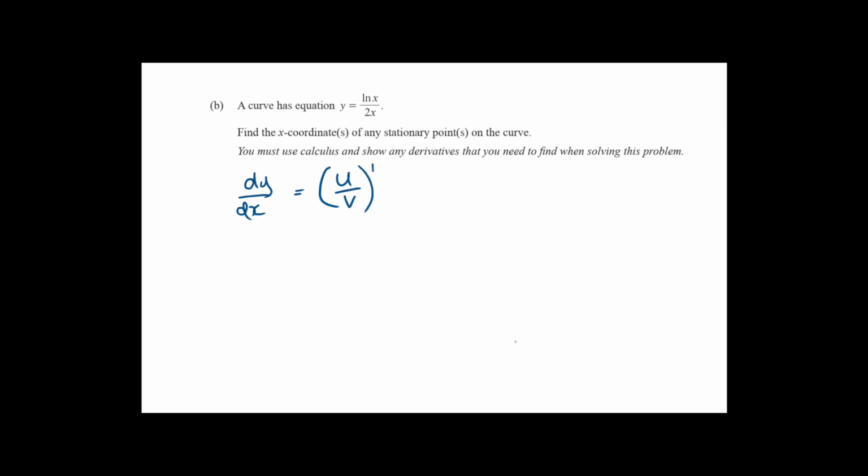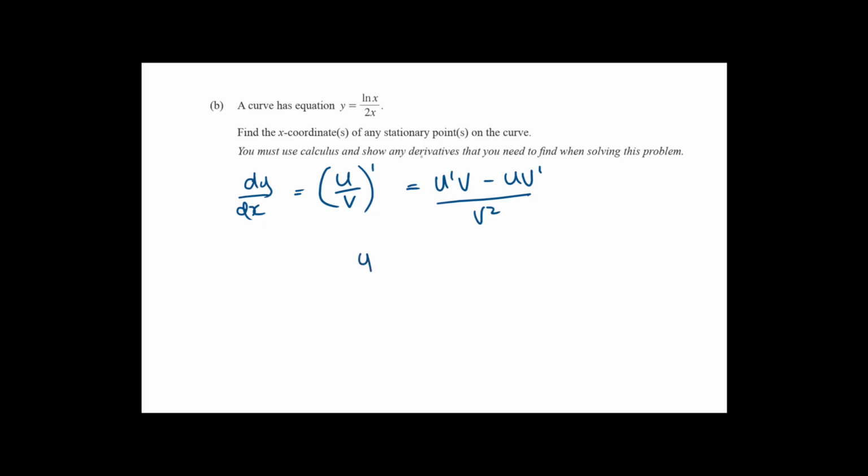It's one function over another, and that's going to be, oh, what is that? I always forget. It's u' v minus u v', yeah, that's the one, over v squared.